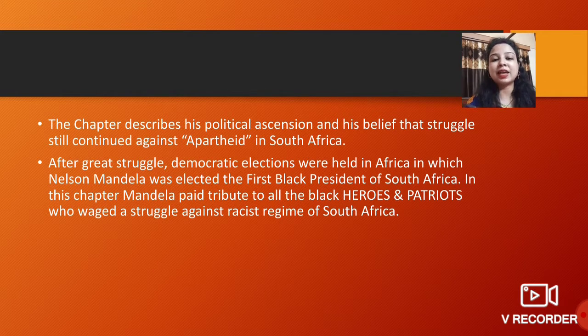They sacrificed their entire life, or maybe embraced death in order to bring freedom to their country. So in this autobiography, Mandela has paid tribute to each of the black heroes and patriots who sacrificed their life or who waged war against this racism.